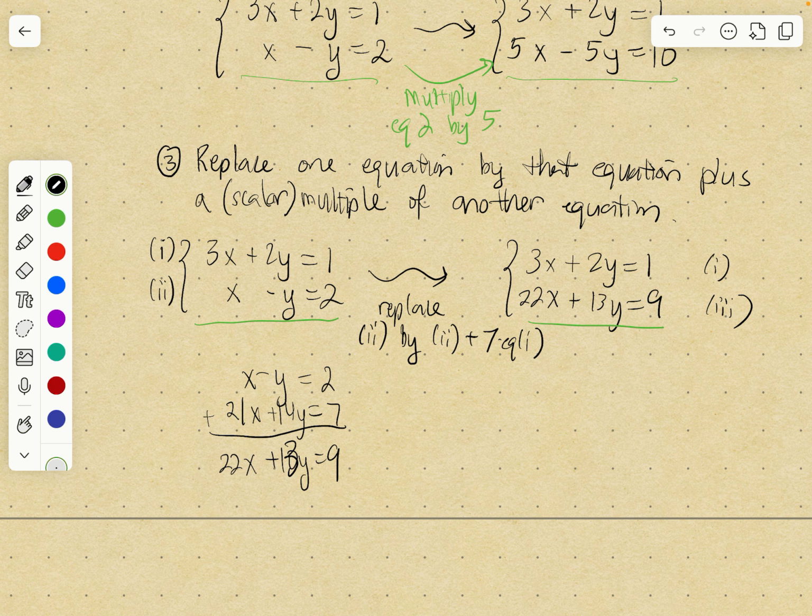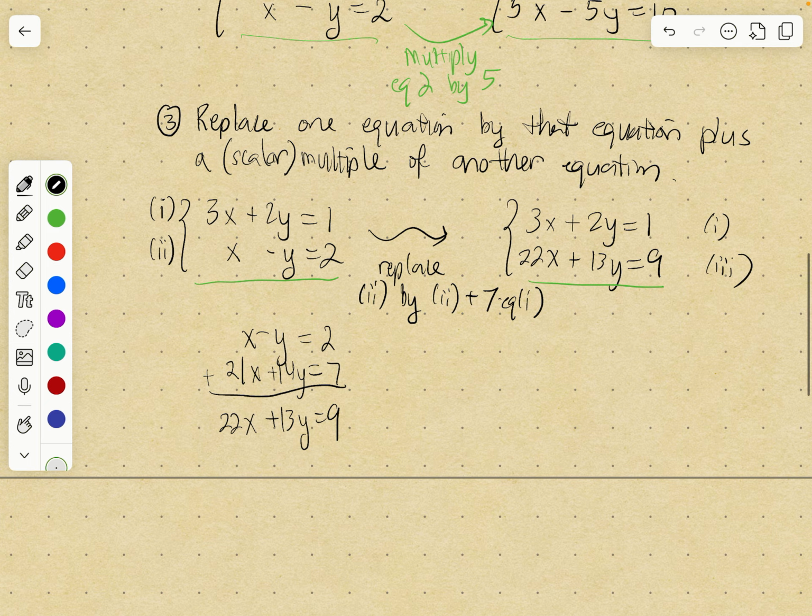Yes. Okay. But we actually can figure out why this is true even without solving. I mean, one way to check that they have the same solution is to just solve both systems and say, wow, you get the same solution.